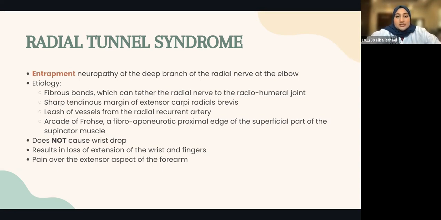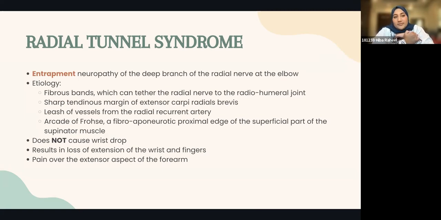So what can happen is that below the elbow, you will have radial nerve injury. And this does not cause wrist drop. Please do not confuse this with wrist drop. This is not wrist drop, okay? As a result of the radial nerve being compressed in the elbow, it can cause loss of extension of the wrist and obviously the fingers, right? And you would have pain over the extensor aspect of the forearm because the nerve is being compressed.